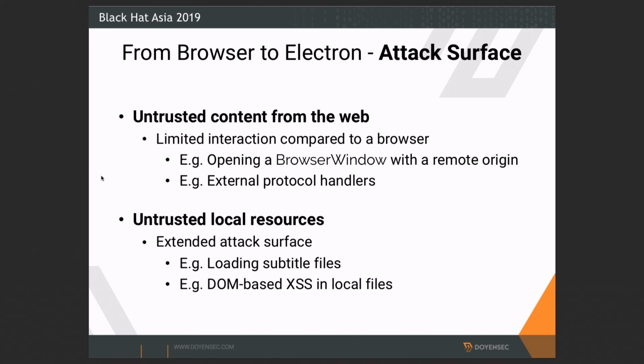It's, for example, discouraged to open a browser window with remote origin. All the guidelines will recommend you to load local resources. On the other side, there are new things that become part of a possible attack surface, and this is, for example, local resources. You can load resources of any kind from the system, and that would be part of the threat model.